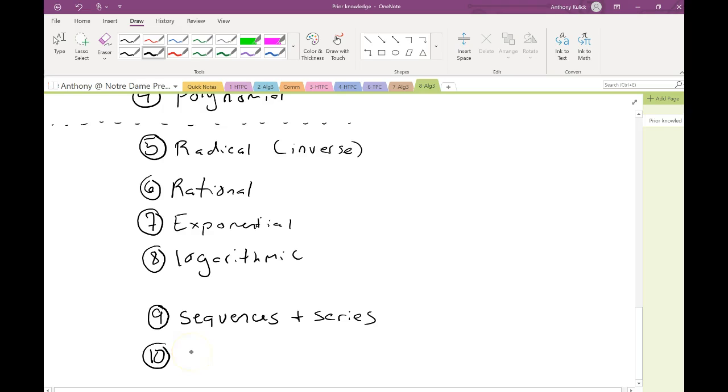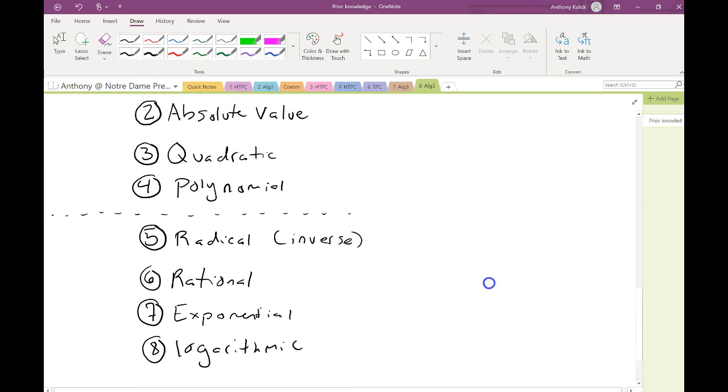If we manage to do both sequences and series topics, the last thing we would talk about would be some basic statistics. So those are kind of the tentative topics to cover. So if we were to describe this course, it's mostly a survey of functions. We're going to talk about what a function is, and then we're going to talk about these other 7 types of functions.